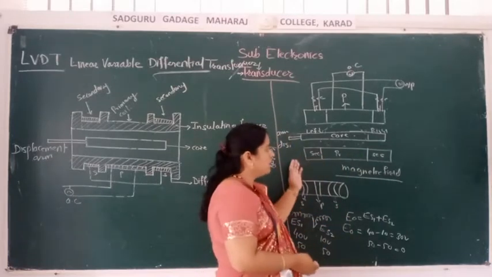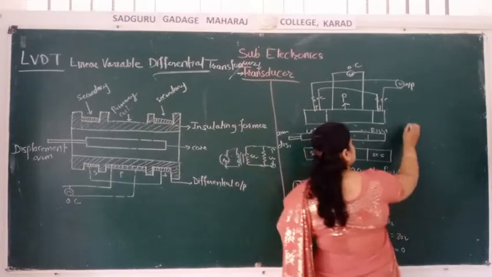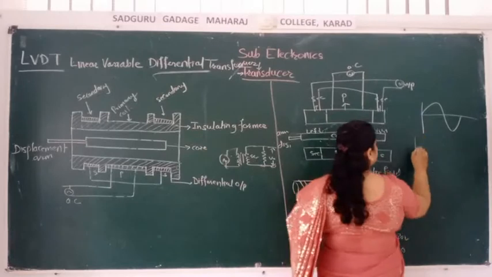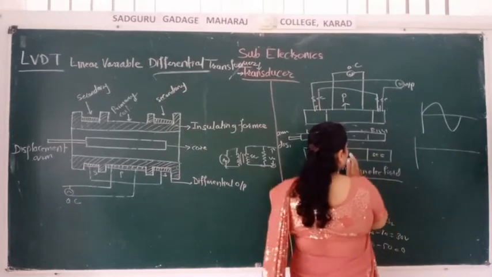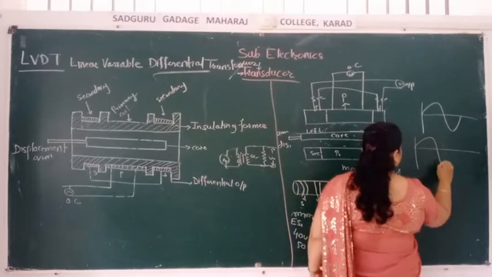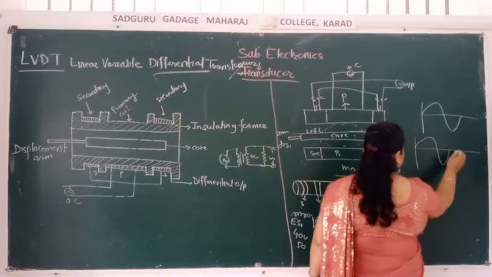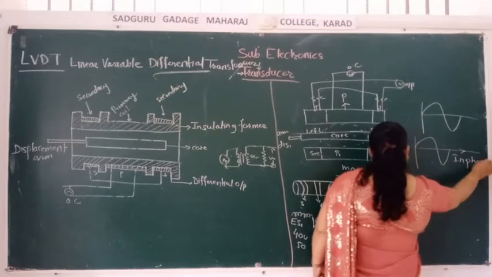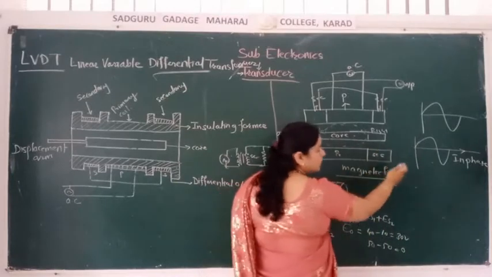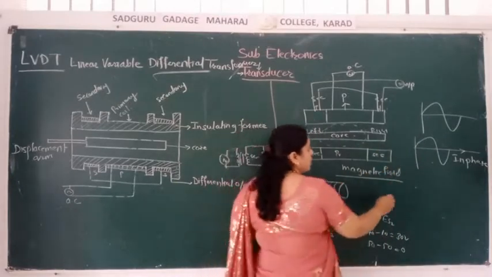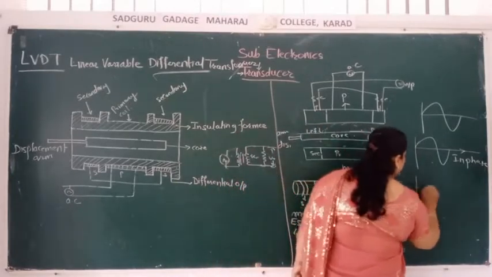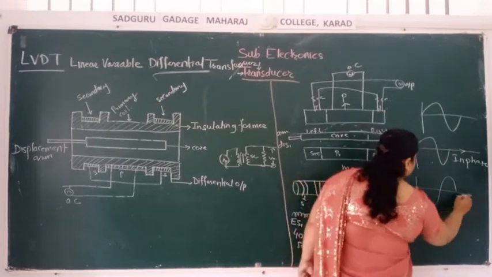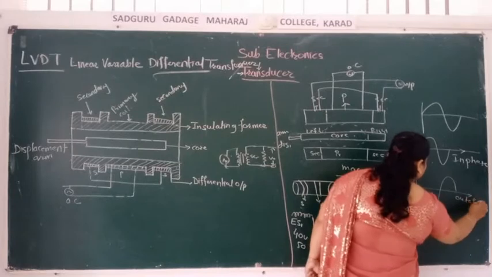See, this is the actual original equation of the sine wave. If it moves to the right side, then it will be in phase. This equation will be in phase, means if this coil moves to the right side. If the coil is moved to the left side, then it will be out of phase.